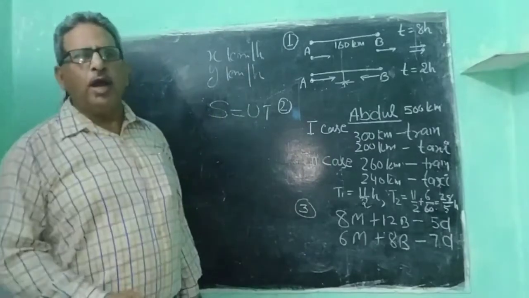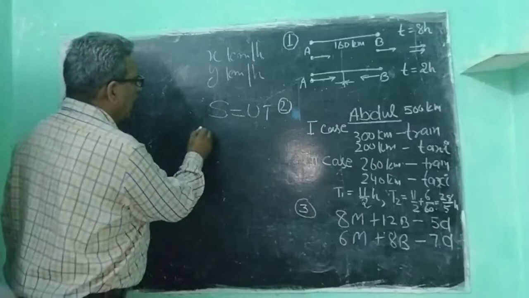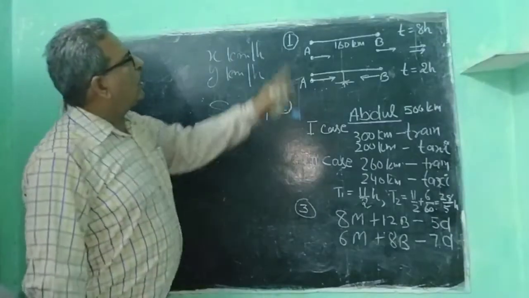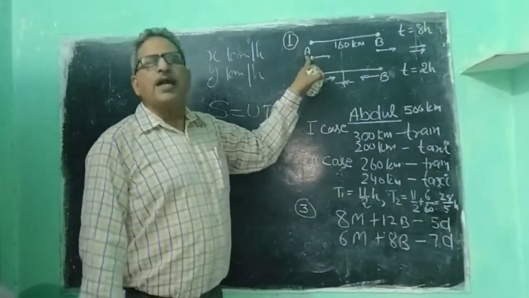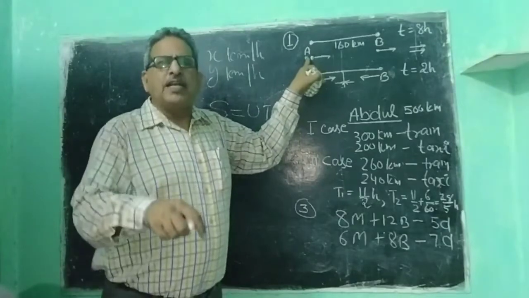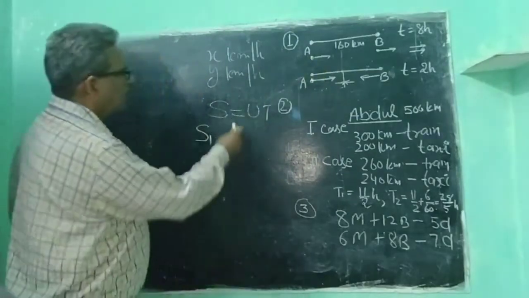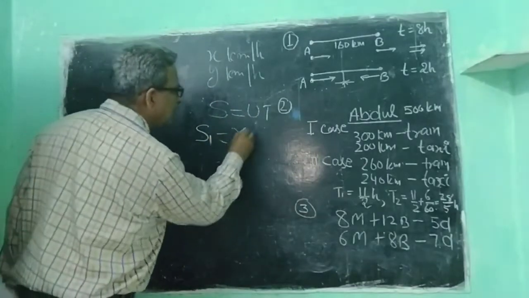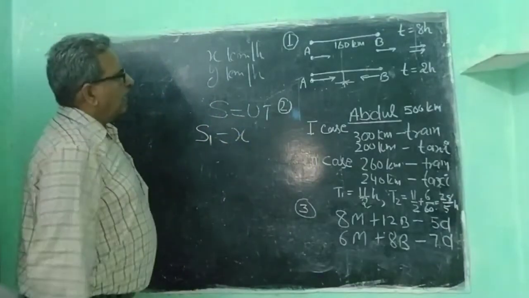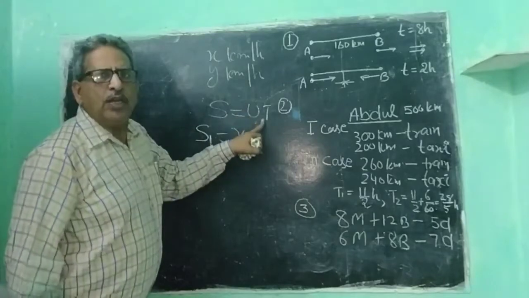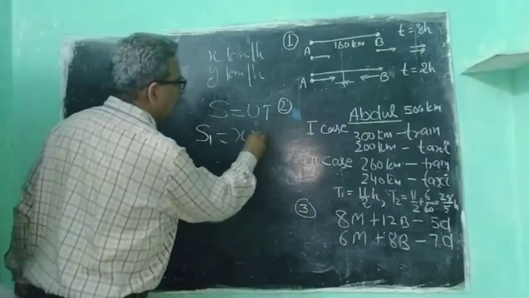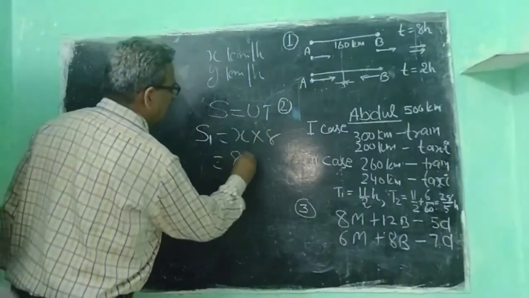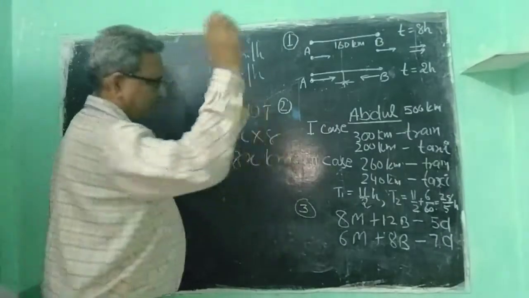Using this formula, S1 means the distance covered by the car starting from A. U means speed, that is x, and the time is 8 hours, so 8x kilometer.